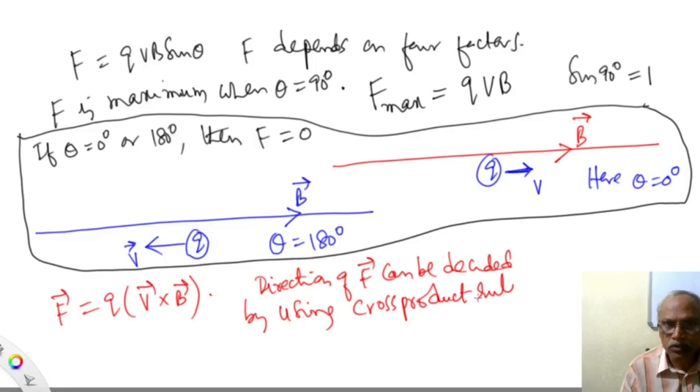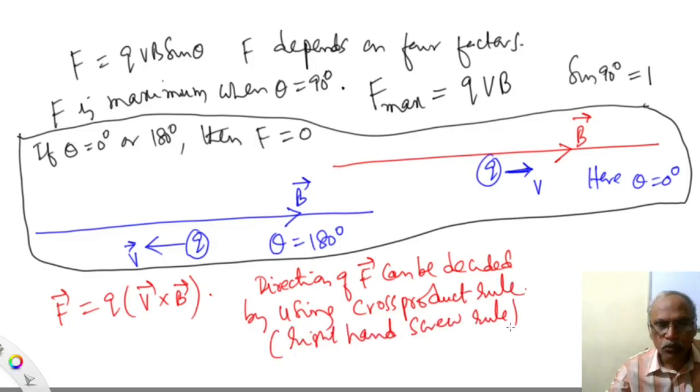It means if you rotate a screw from V to B, as per this equation, F bar is equal to Q into V bar cross B bar. The direction of force is perpendicular to the plane containing V bar and B bar. It can be decided by using the cross product rule and the right hand screw rule, or you can use Fleming's left hand rule.